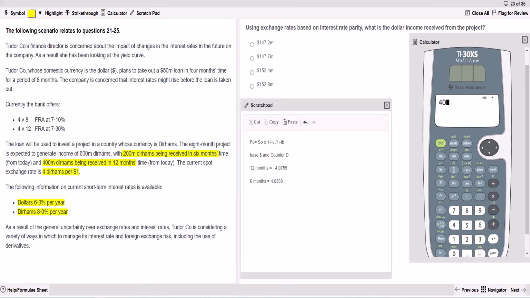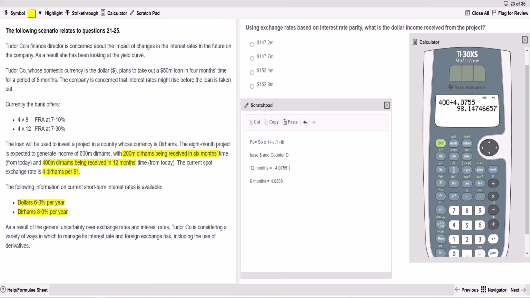So the 12-month rate is to be used on the 400. So 400 divided by, because you're converting from the counter currency to the base currency, you need to divide by that rate, 4.0755. And that was going to be 98,147.